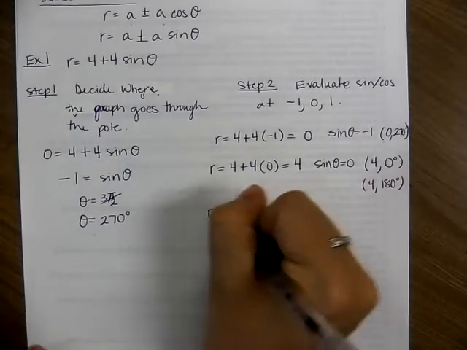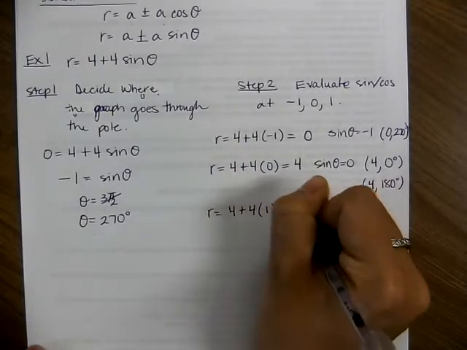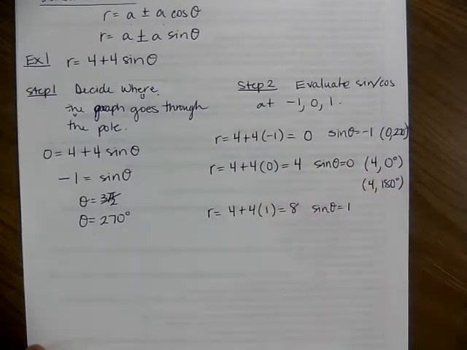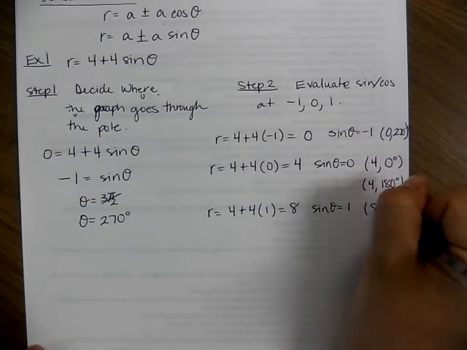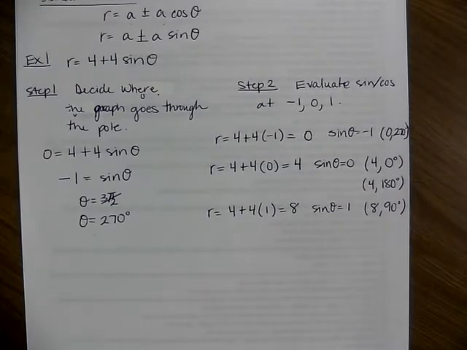Okay, and finally plugging in 1, I get 8 here. And where is sine equal to 1? At 90 degrees. So 8, 90 degrees. So we have our 4 points. We know where it goes through the pole. We're ready to graph. Okay?